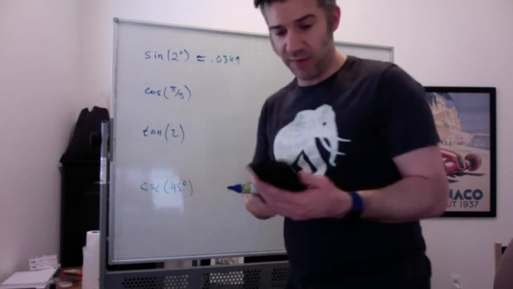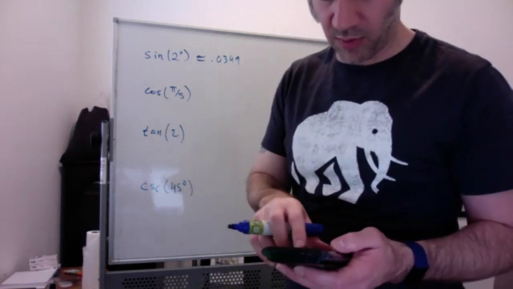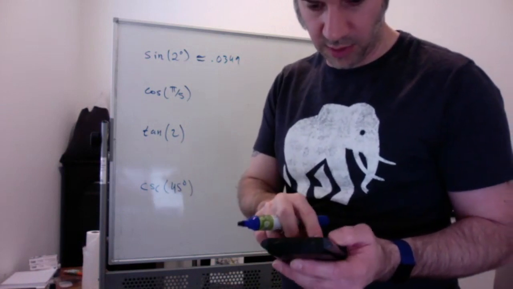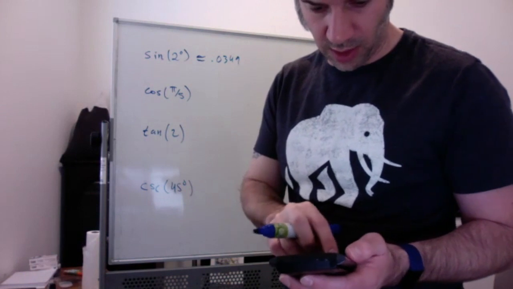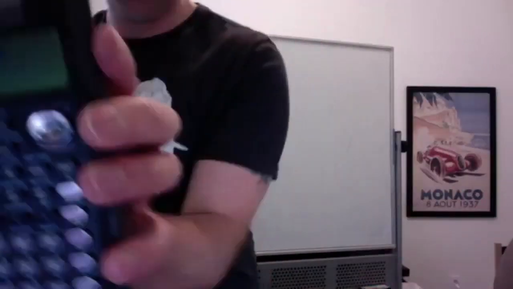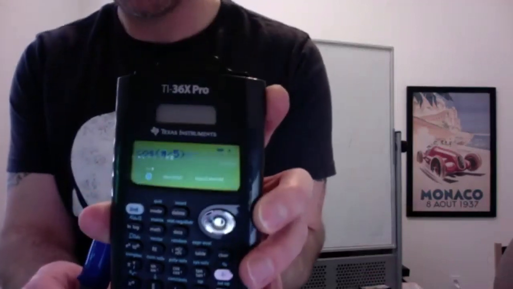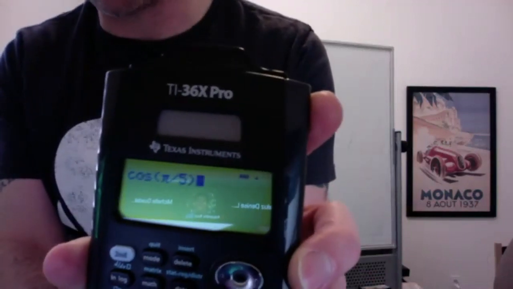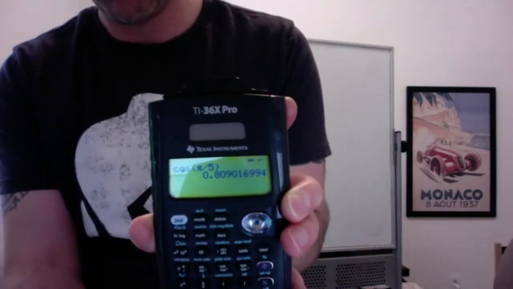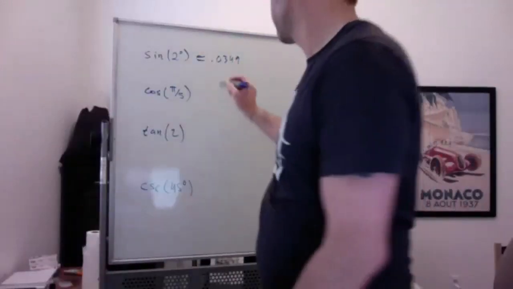For cosine of pi over 5, I'm going to change the mode to radians. And then I'm going to do cosine of pi divided by 5, just like that. Can you guys see that? And look, I'm in radians. You can see the rad up there. When I do that, I get 0.809. Great.